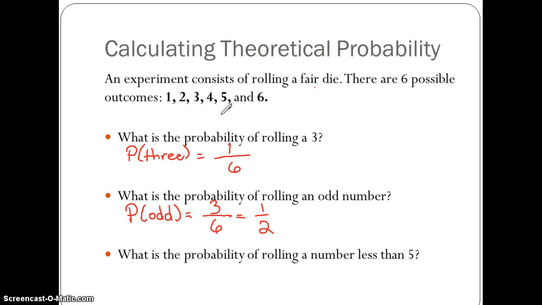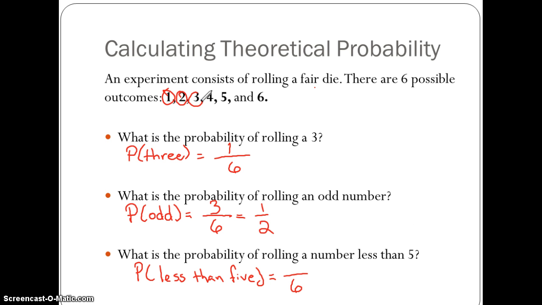And then the probability of rolling a number less than 5. So again, you want to write it less than 5. And again, we have a total of 6 outcomes, but how many of them are less than 5?